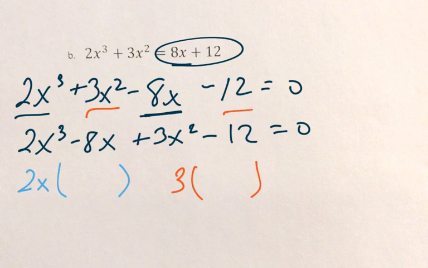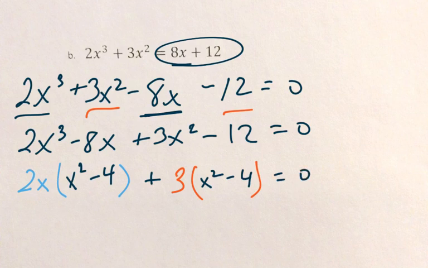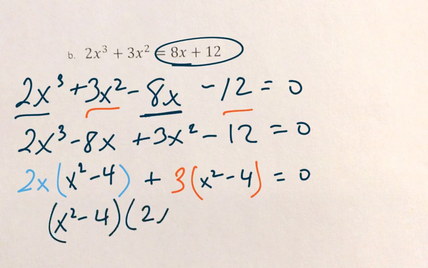And what remains here will be x squared minus 4, and here we're also going to end up with x squared minus 4. So now I can factor by grouping, pulling out the x squared minus 4, because both of these terms have an x squared minus 4. So I get x squared minus 4 times 2x plus 3 equals 0.